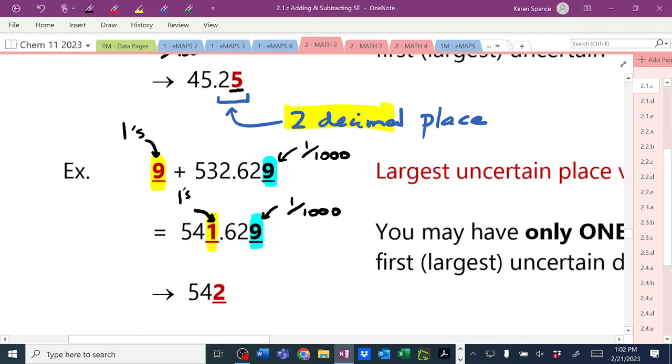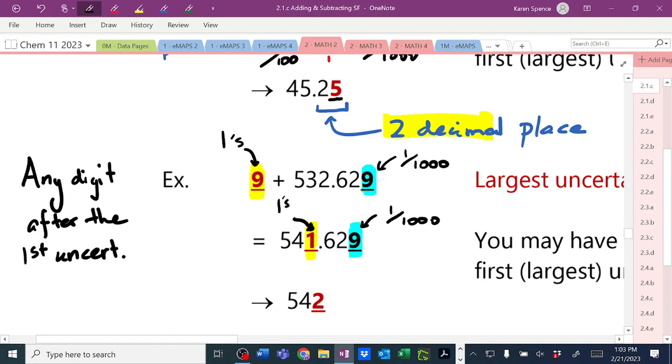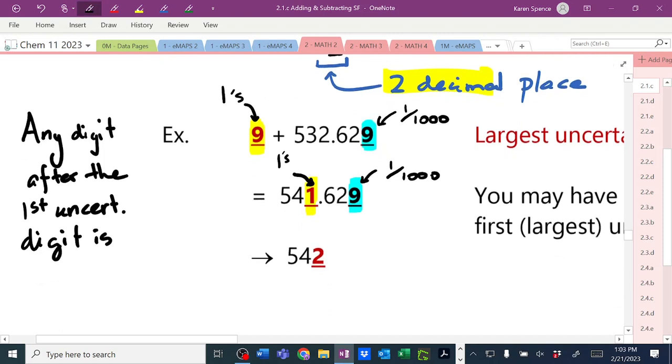But remember, once we hit our first uncertain digit, everything after that is it meaningful or is it meaningless? Everything after our first uncertain digit is meaningless. Any digit after the first uncertain digit is meaningless.